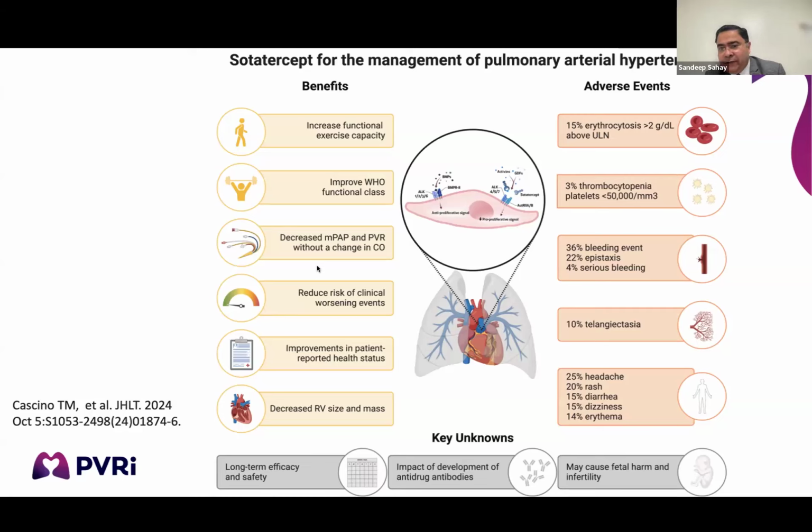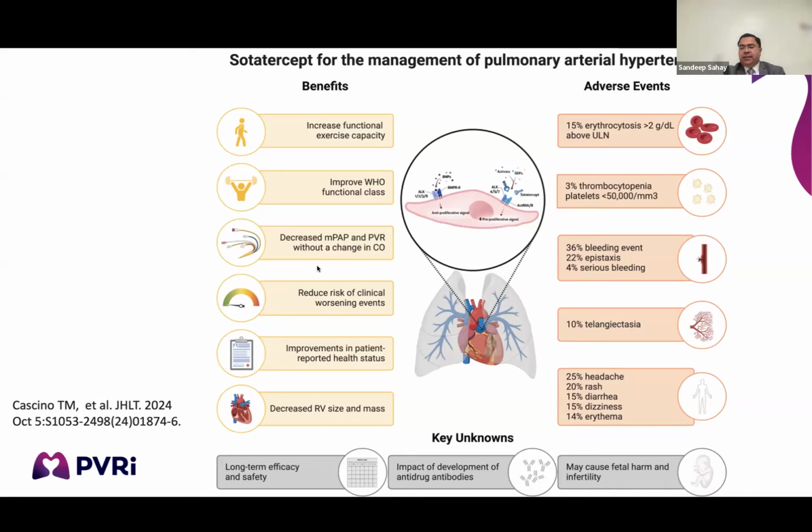If you look at the side effects, there was hemoglobin increase. In PH patients, I feel like that's somewhat beneficial just because they generally tend to be anemic. It's perhaps beneficial in those patients, but of course they need to be monitored for a drop in platelets and the bleeding events.